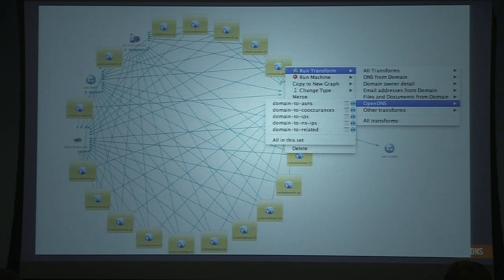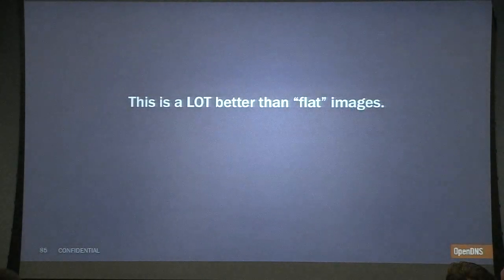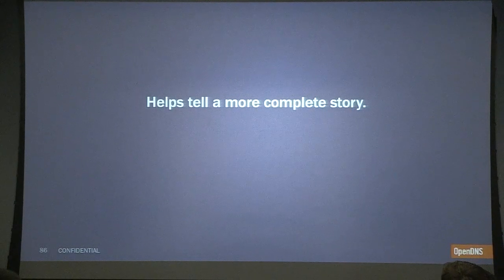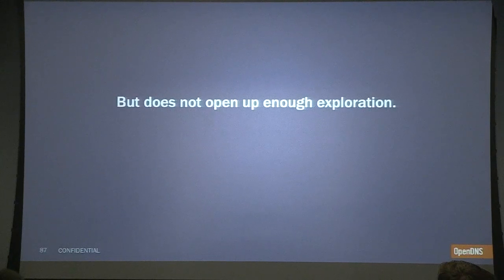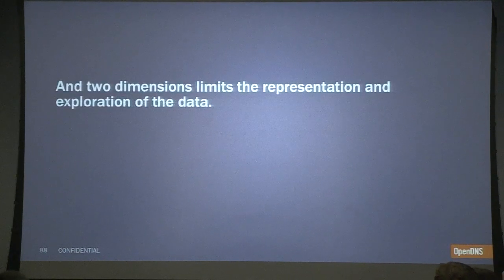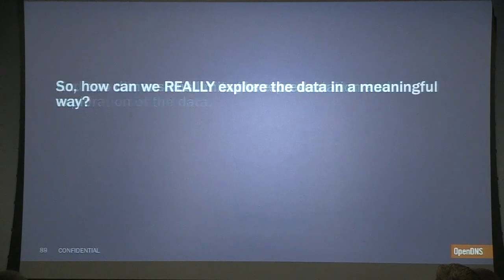But it does it not just in a picture, it does it in a real-time mode. So you look at it, and then you see the data transform right in front of you. And that's pretty interesting. It's a lot better than flat images, and it helps tell a more complete story, but you still can't really explore the data to the degree that you should. So 2 dimensions really limits the representation and the exploration of the data.